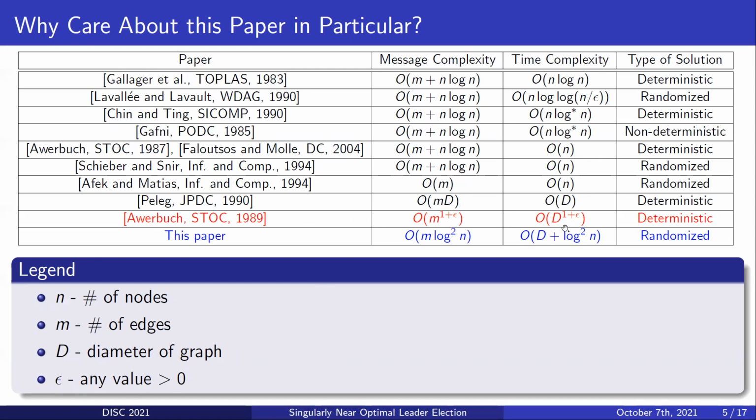So we improved this to m log squared n and d plus log squared n. And it should be noted that some of these past results have been deterministic and some have been randomized. Our own algorithm is randomized.